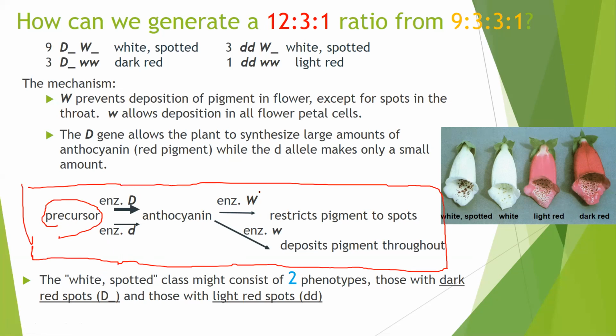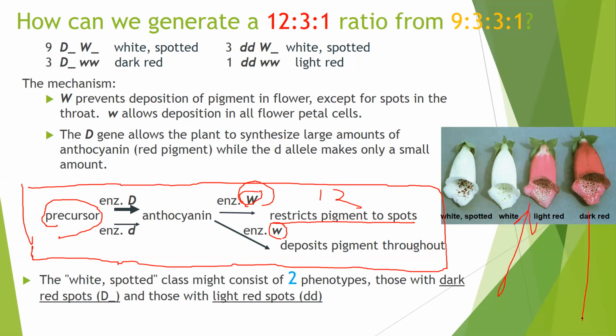If there's a wild type W gene, this gene will restrict the pigment to only be deposited in these dots, not the petal. So if this gene is wild type, you only see the white color petal like this. So this is 12. However, if this gene is a recessive one, now the pigment can be deposited in the petal like this.